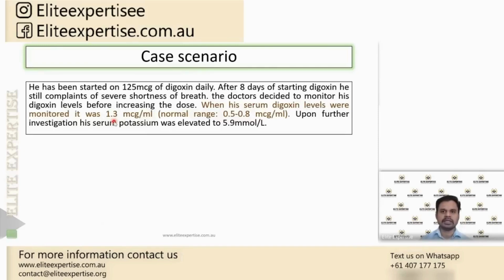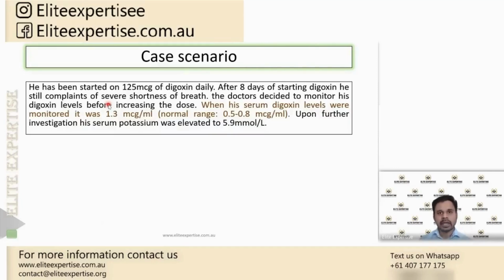Actually it is not ml, it is liters. So 1.3 micrograms per liter, and the normal range of digoxin is 0.5 to 0.8 micrograms per liter. So here they have found that the serum digoxin level is already higher, reaching 1.3 micrograms per liter.